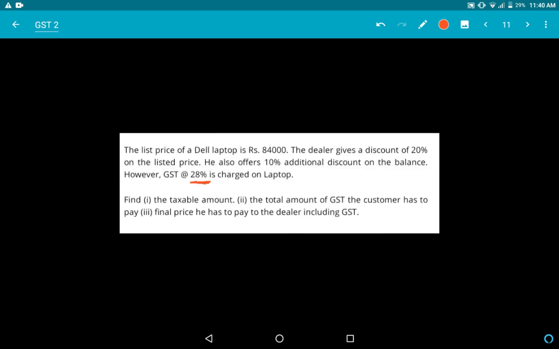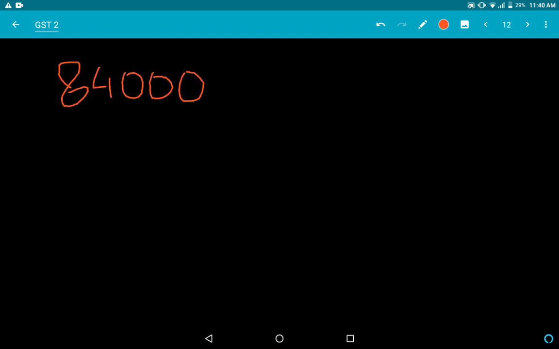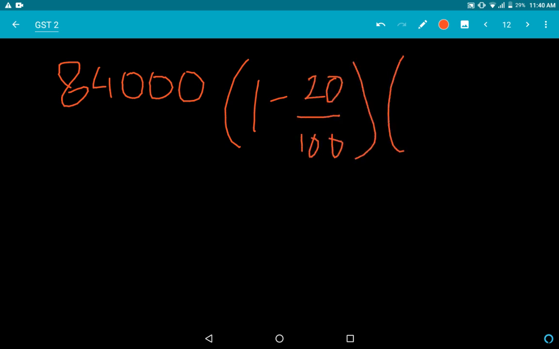First 10% discount is given, then first 20%, then 10%. What is the discount amount? It will be nothing but the discount formula. I am not going to show you that here. 100 into 1 minus 10 by 100. This will be my amount.